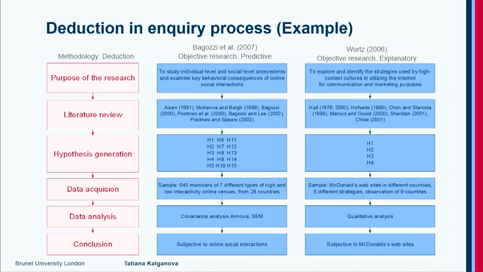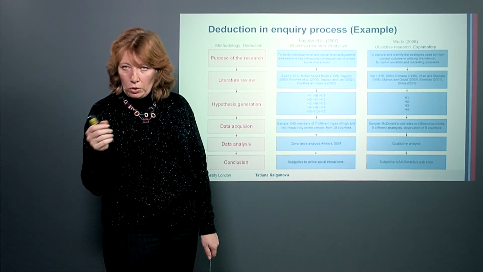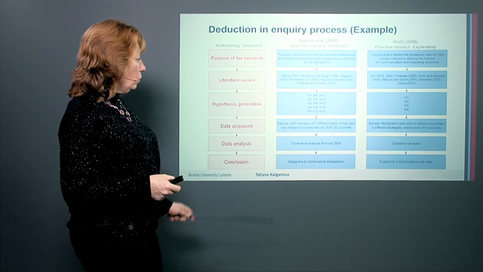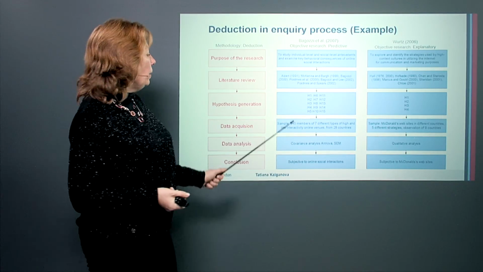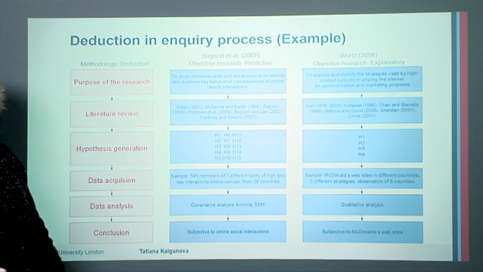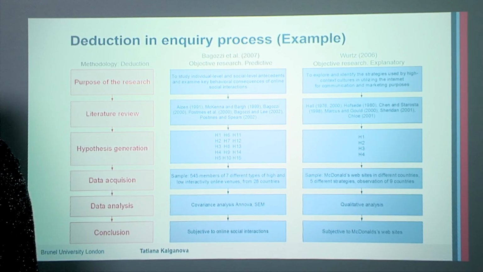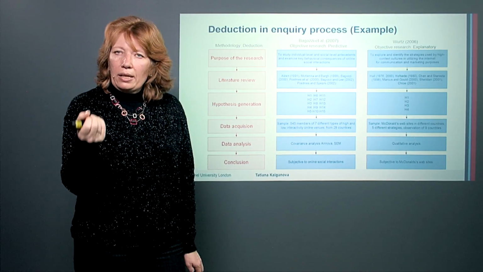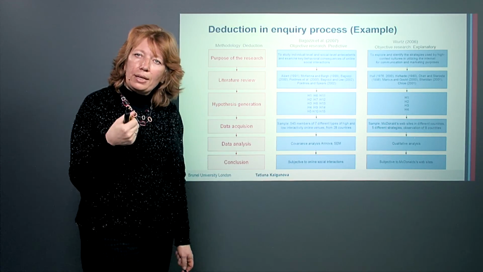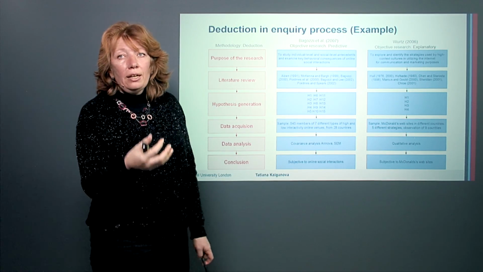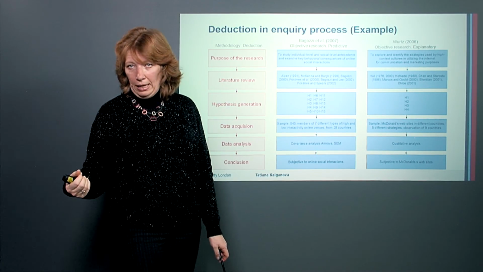When we analyze this data acquisition from an objectivity and subjectivity point of view, we have covered different types, including 7 of them. We have covered 28 countries. So the data has been collected, and data acquisition has been organized in such a way that it will eliminate the subjectivity element.